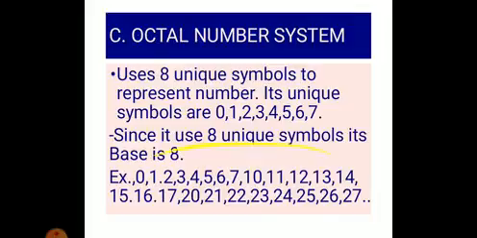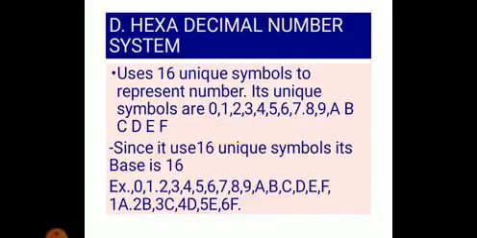Next number system is the hexadecimal number system. It uses 16 unique symbols to represent numbers. Its unique symbols start with 0 to 9. After 9, usually in decimal we will write 10, but in the hexadecimal number system we have to use A to represent 10: A for 10, B for 11, C for 12, D for 13, E for 14, F for 15.